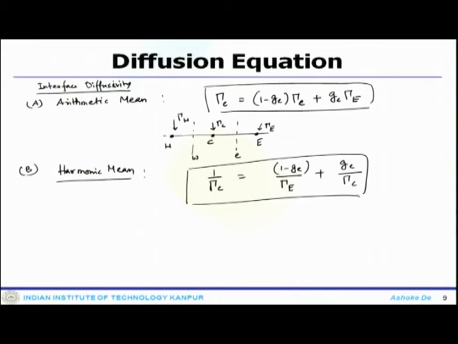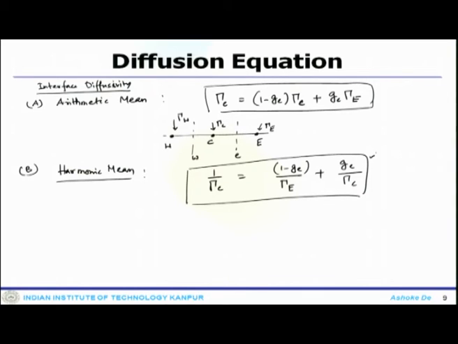Now, as long as there is not very much non-homogeneity in the system, then arithmetic mean would yield the proper results. But if there is a non-homogeneity and along with that the changes of the diffusivity is very sharp or abrupt across these cell interfaces, then one may choose to use this harmonic mean.